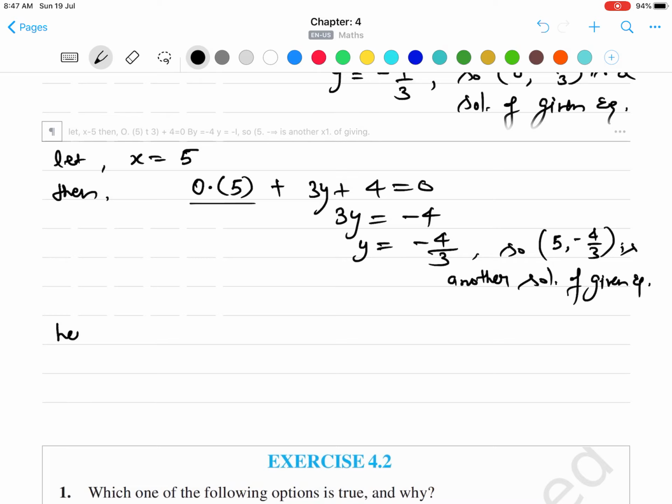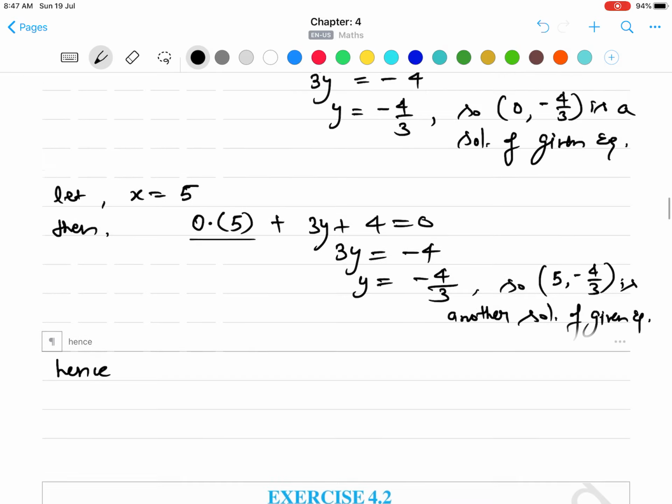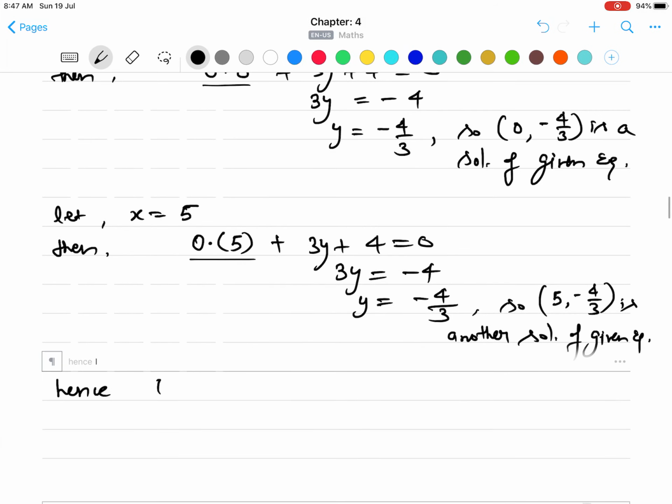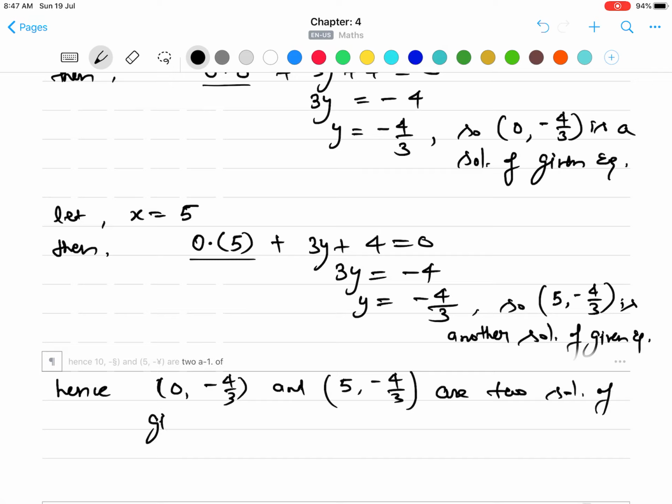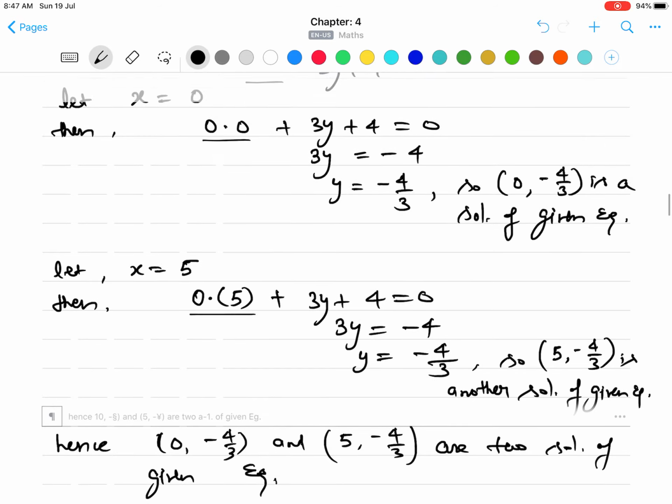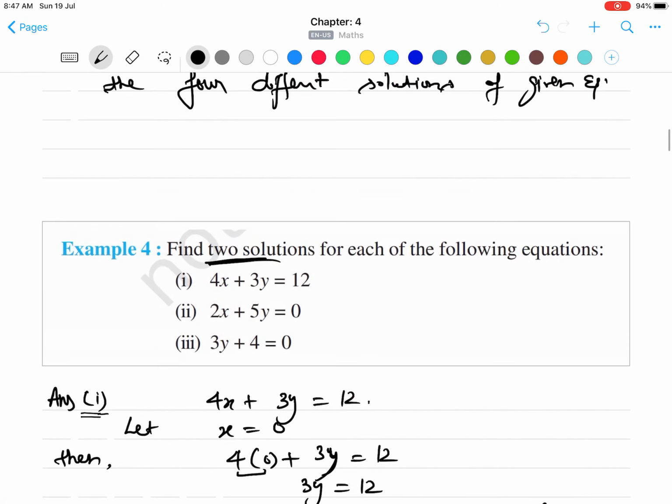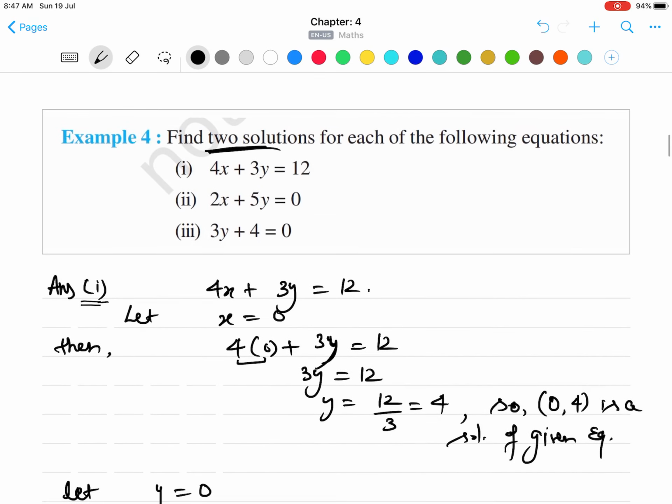So hence (0, minus 4 by 3) and (5, minus 4 by 3) are two solutions of the given equation. Okay, so that's the solution of all three parts of example number 4 of your NCERT textbook.